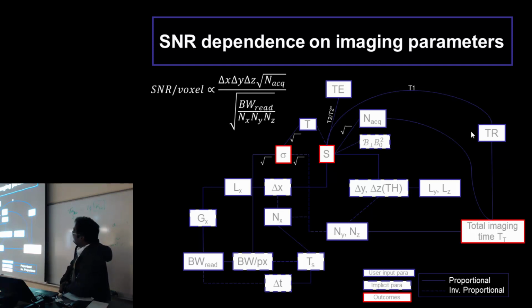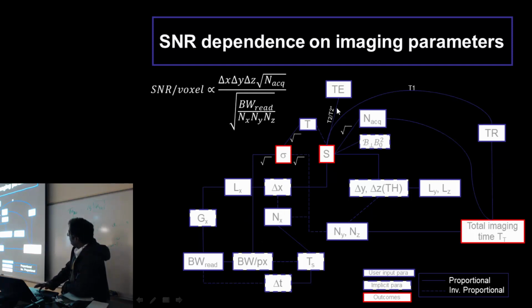So the take-home message from this is that if you change one thing, you better know its relationship, how does it change the other parameters in your experiment, both from a signal to noise ratio point of view as well as contrast. Well, the contrast part we haven't come to yet, but we will see that in the next few slides. So here, these are the ones that you can change.